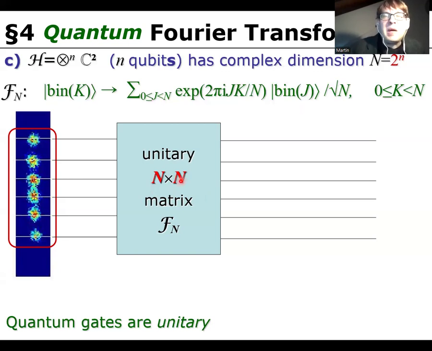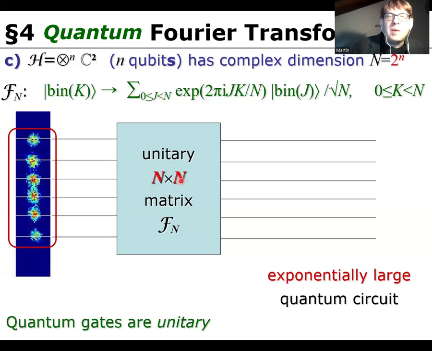Now, that by itself is maybe not a problem, right? So it's an exponentially large quantum circuit, which is maybe not surprising, since here we have an exponentially large sum, exponential in small n, right?